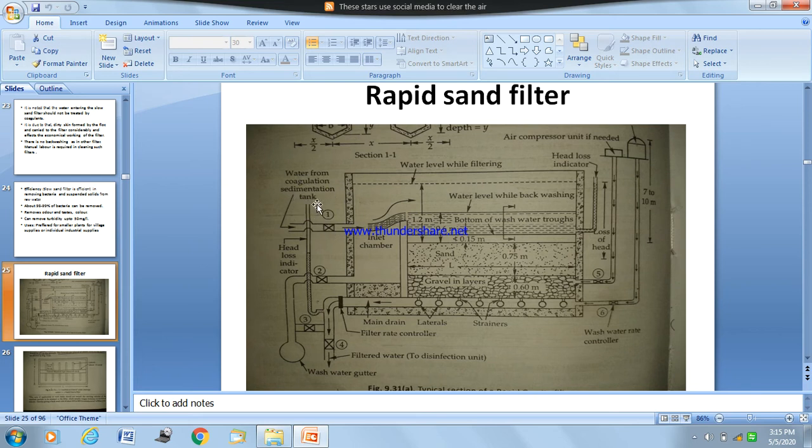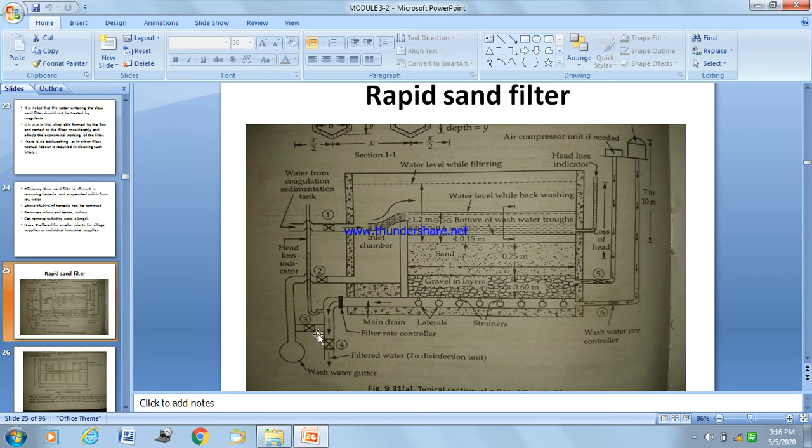Now see, this is the first valve. Water from the coagulation sedimentation tank enters into the inlet chamber. The second valve connects the inlet chamber to the wash water gutter, and the third valve connects the central drain to the wash water gutter. If you open it here, you will get to the wash water gutter.